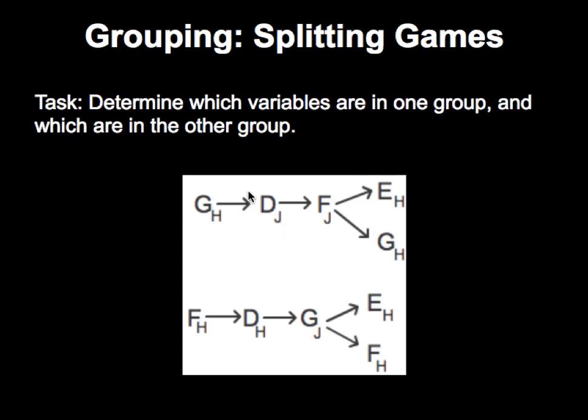Well, if D were not in J, then D would be in H. And if G were not in H, then G would be in J. So the contrapositive of what's happening with G and D on the top diagram is what is happening with D and G on the bottom diagram. I really just included this diagram as an example, but couldn't help walking through it a little bit.